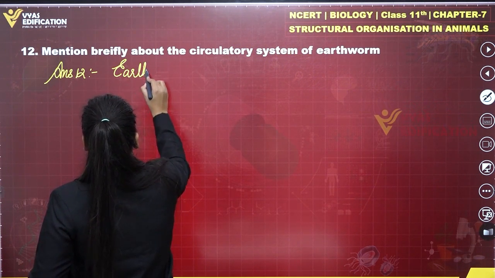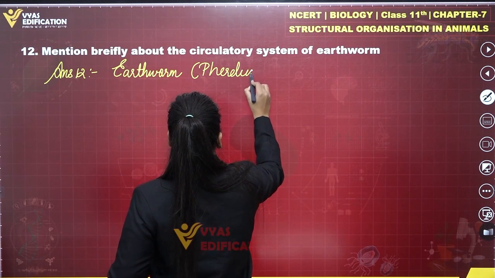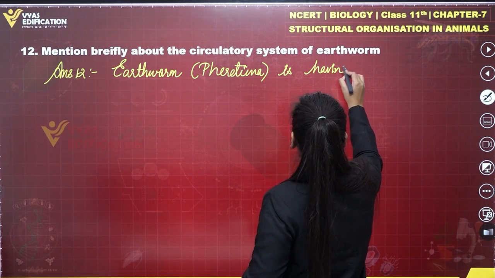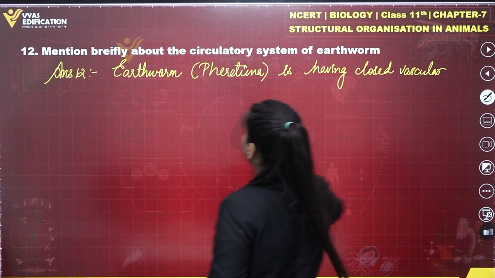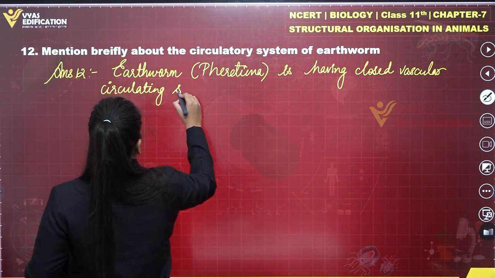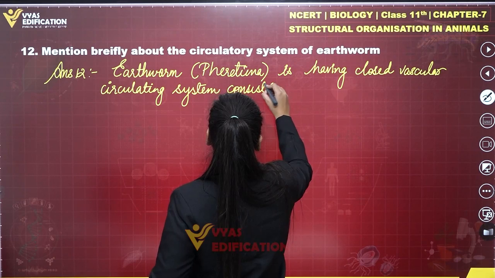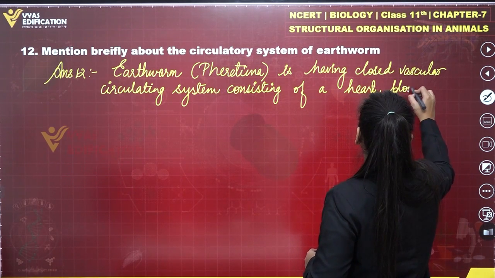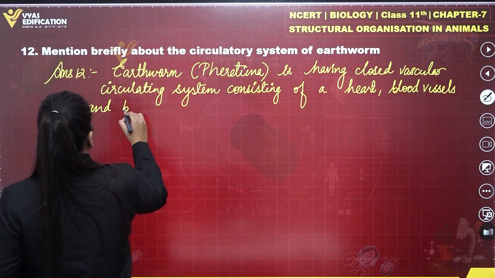Earthworm, which is also known as Pheretima, is having a closed vascular circulatory system, consisting of a heart, blood vessels and blood capillaries.